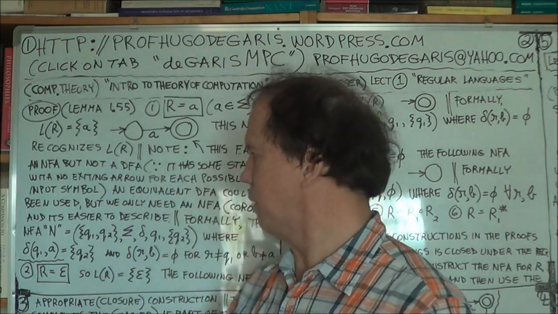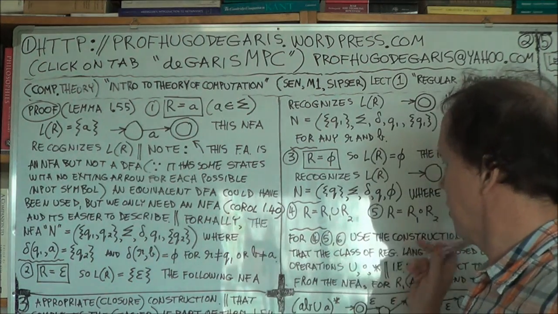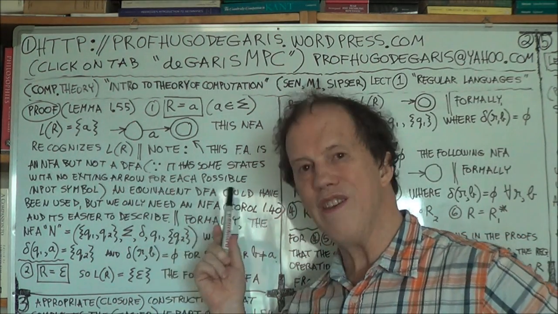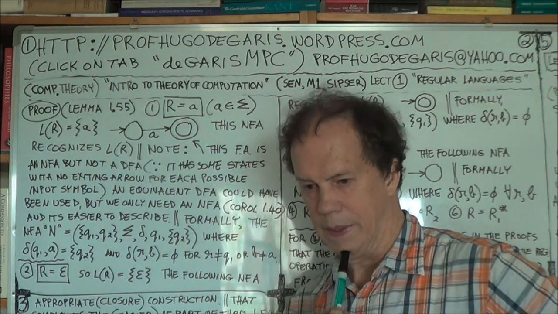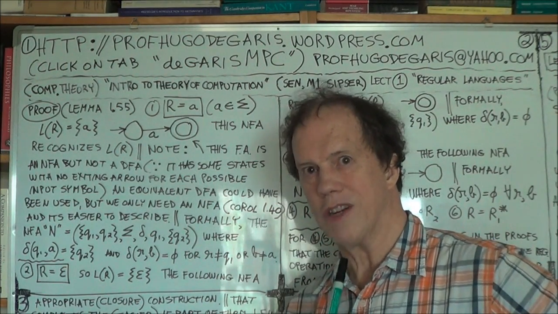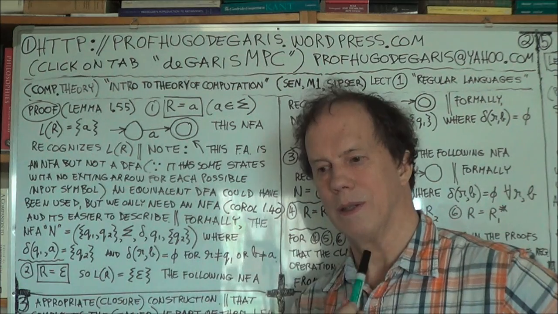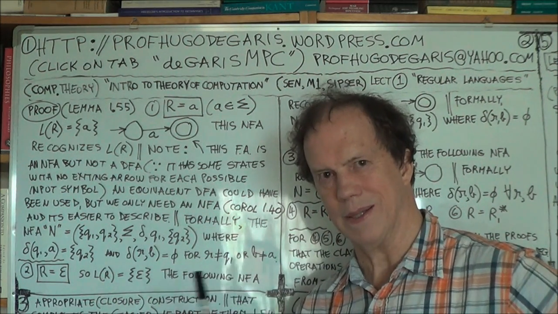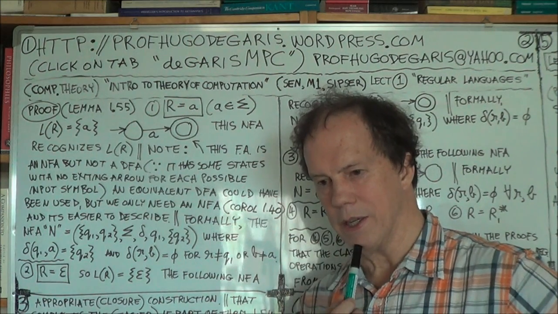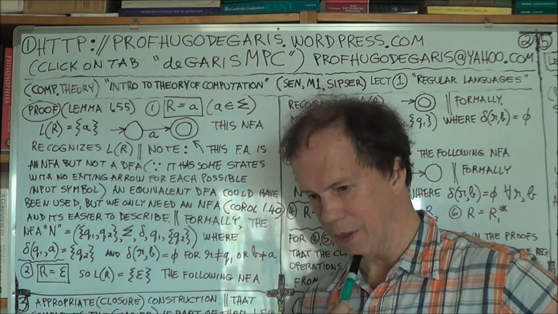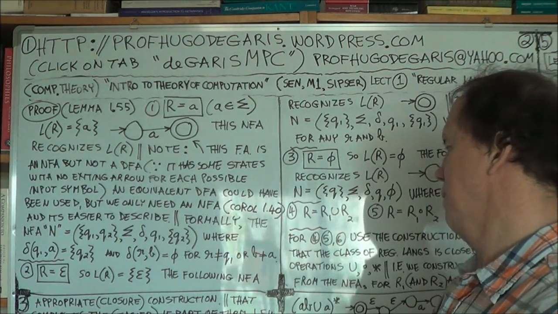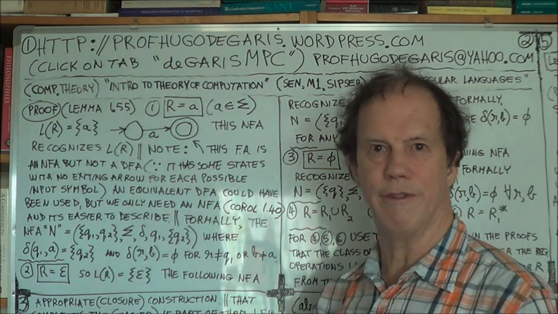Now this if part of the proof is a proof by construction, right? We actually construct the NFA that recognizes any of these 6 types of regular expressions. Now we've done that, so we've finished the if part of theorem 1.54.